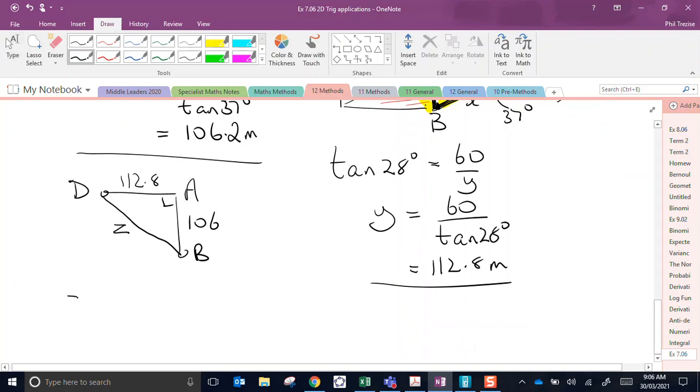I think Pythagoras will do the job. Z squared should equal X squared plus Y squared.